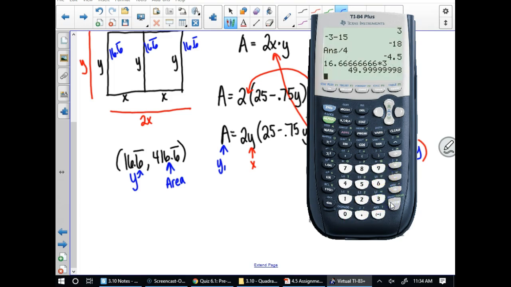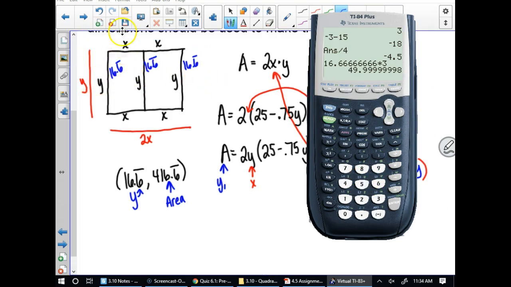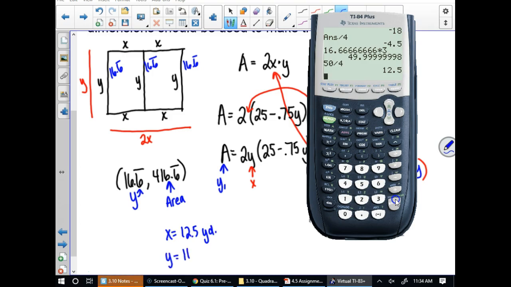We've got 3 of those, so it's going to be 50. I just didn't put enough 6's there, right? So you get 50 for the y's, and then you've got 100 feet of fence, so 50 feet left. 50 divided by those 4 x's is going to give you 12.5. So your x's will be 12.5 yards, and your y's would be 16.6 repeating yards.